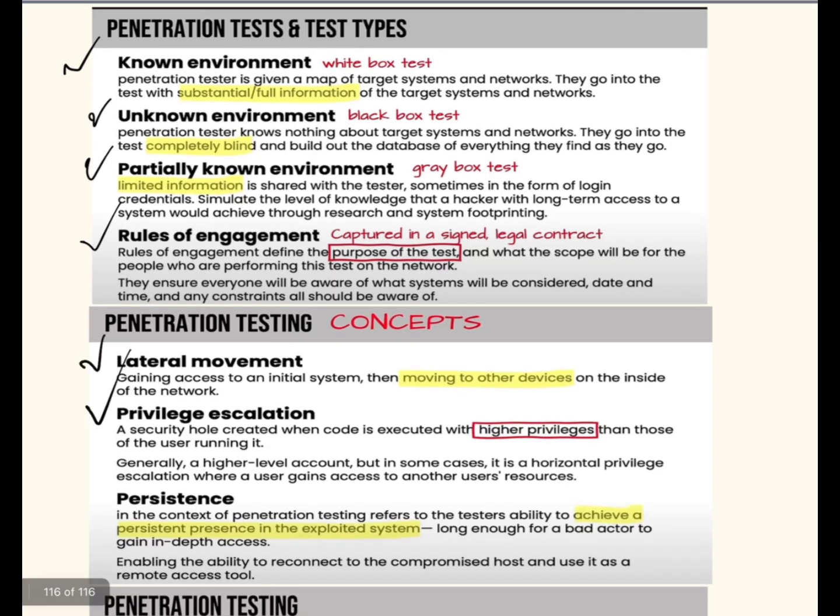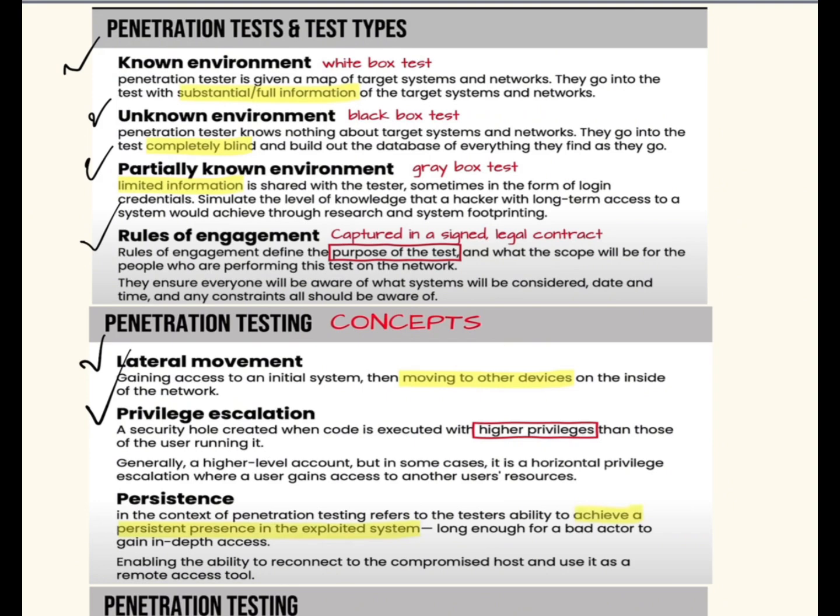Another term is privilege escalation, a security hole created when code is executed with higher privilege than that of the user running it. Generally it is to a higher-level account, but in some cases it is a horizontal privilege escalation, where a user gains access to another user's resources. So it could be vertical, it could be horizontal.